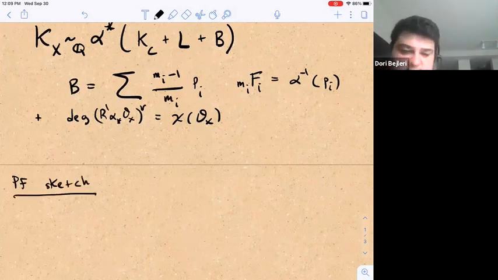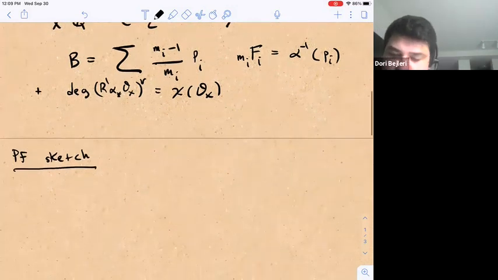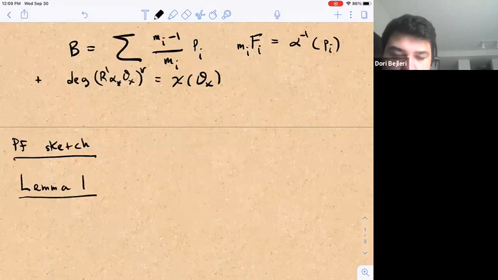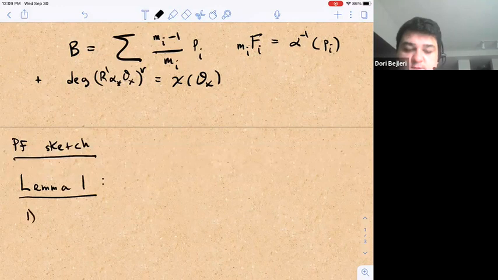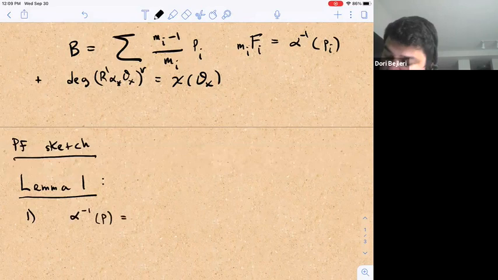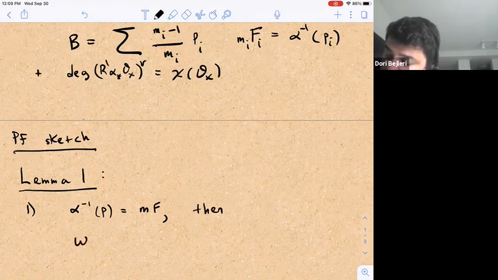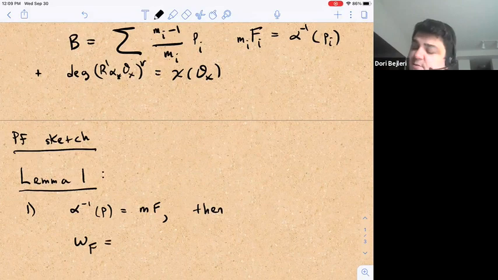Okay, so the main point is a lemma that follows from the classification of all the possible singular fibers plus some extra work. Two parts. One, if we have a multiple fiber, so let's say this is one of our multiple fibers, then the canonical divisor, or the canonical sheaf of F is trivial.